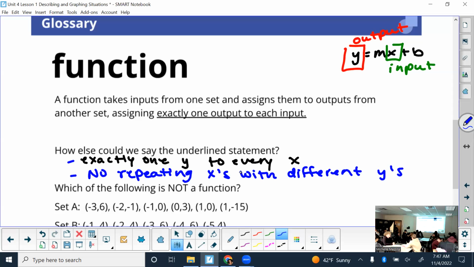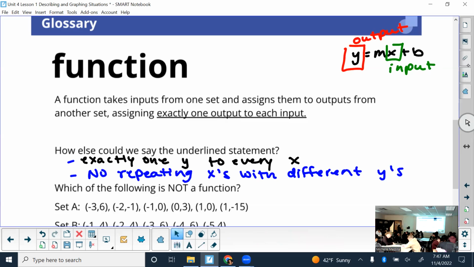All right, no repeating x's with different y's. Sometimes you enter a data point in, so you put another input in again, but you still get the same output. So if it's a function, like an equation, something that you're performing on the input, you should never get a different output if it's a function.